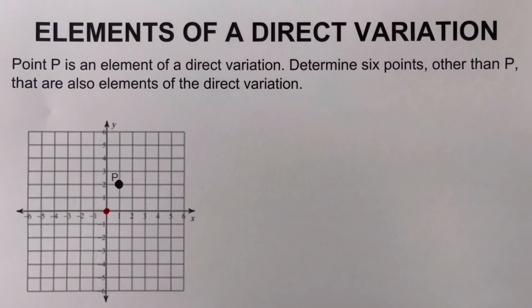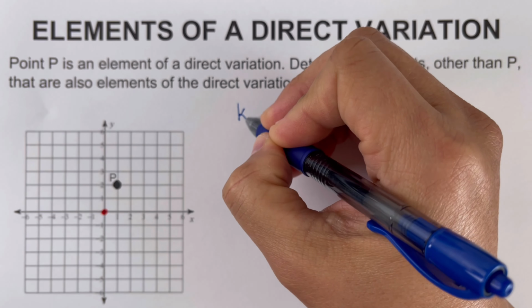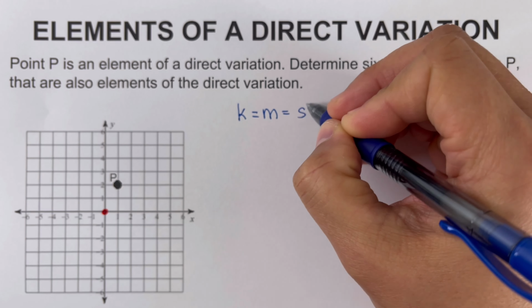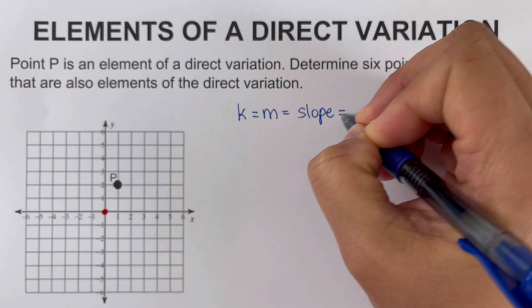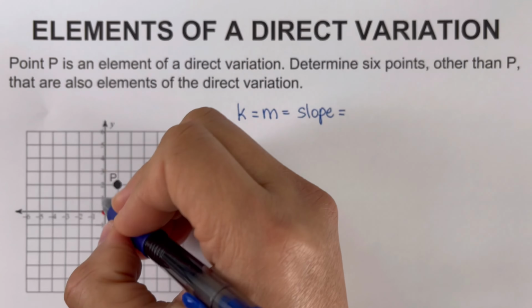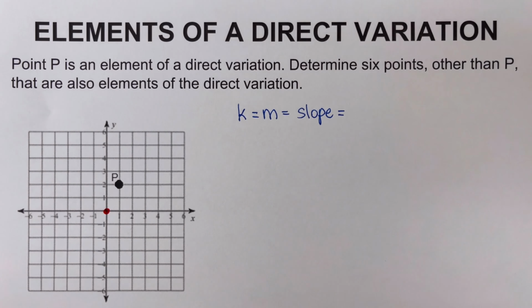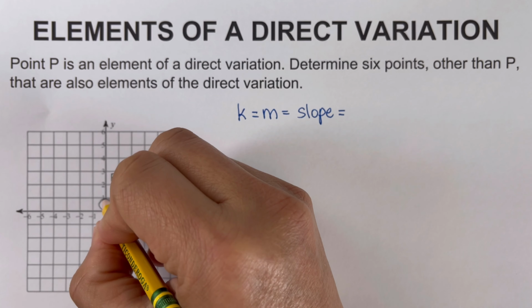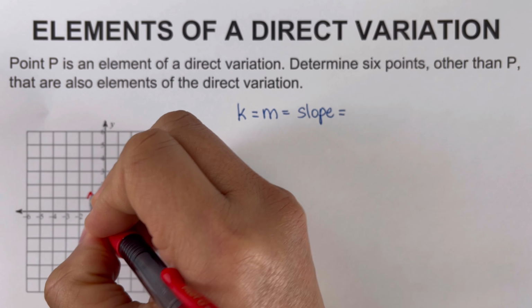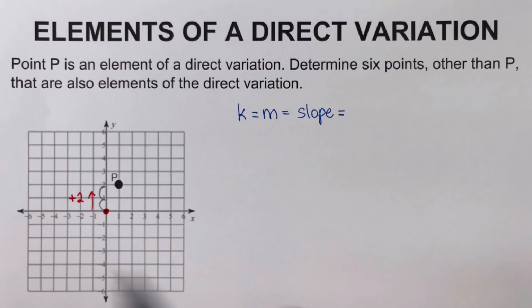Now, please notice that our k value is equal to m, which means slope. From the origin, we go up 1, 2. So we went up 2, and that's a positive 2 because we went up.